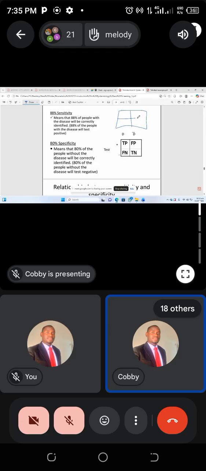The true positive is 14. Then the false positives, 147.